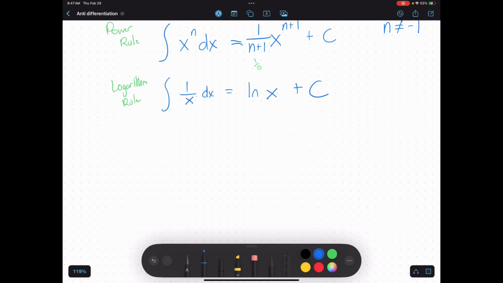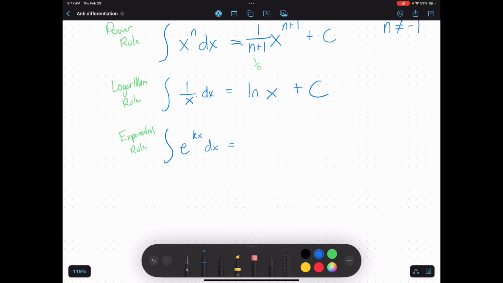And last but not least, what happens if we have e to the kx, right? If we have my natural exponential function, but now I want to take the antiderivative. Okay.